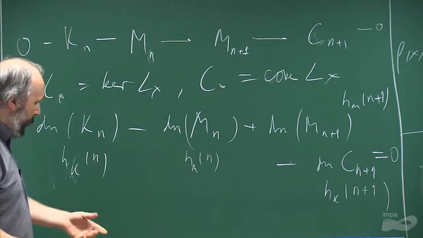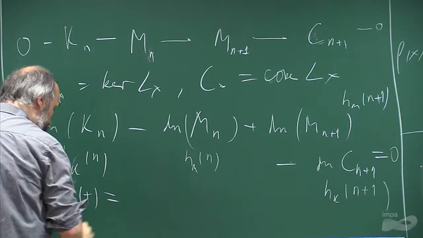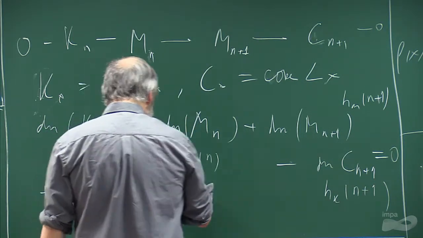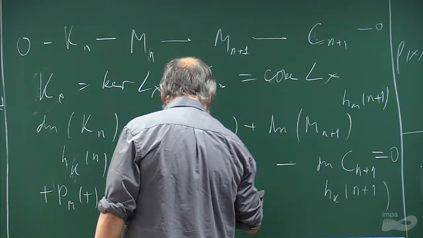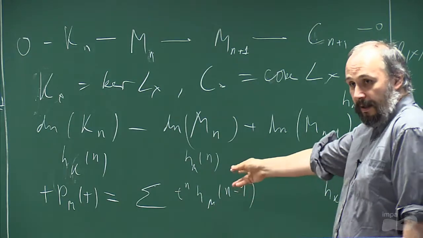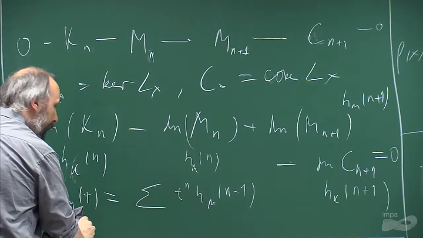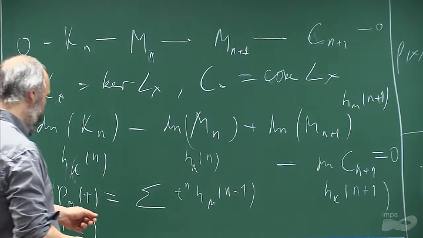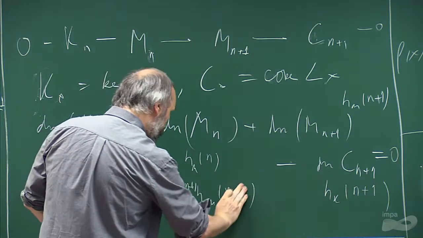Now, if you take the Poincare series, T times P_M(T) is equal to the sum of T to the n times H_M(n minus 1). All right? I just multiplied everything. And then this gives us 1 minus T. Well, let me write n plus 1 instead of n, and here I will have n.